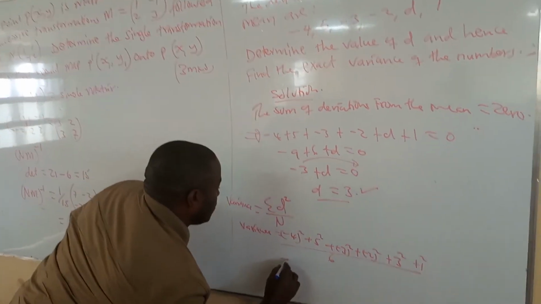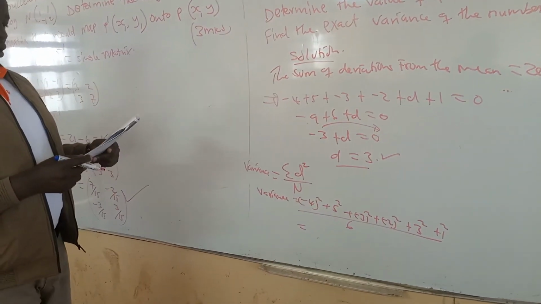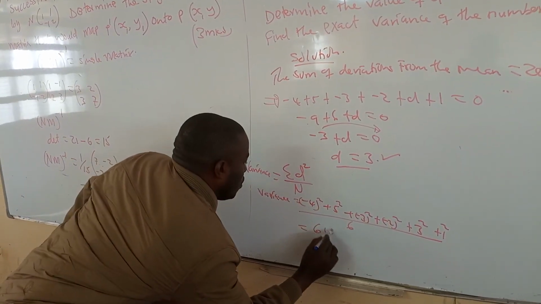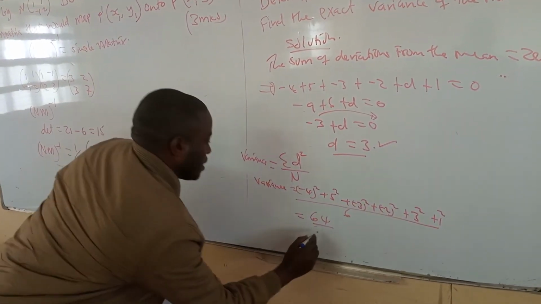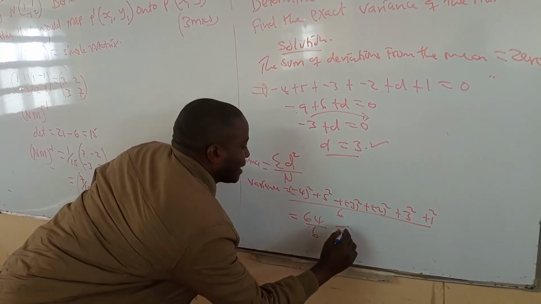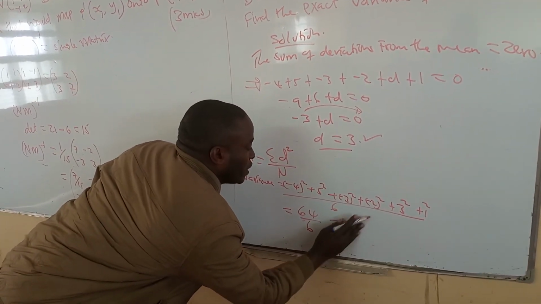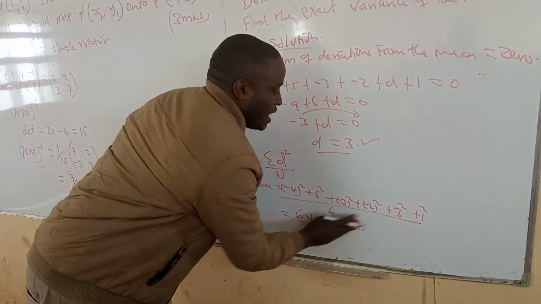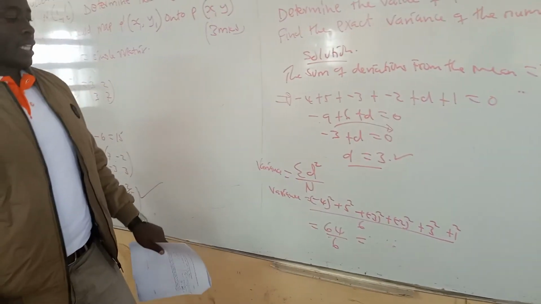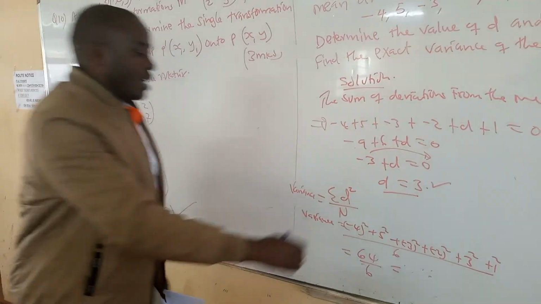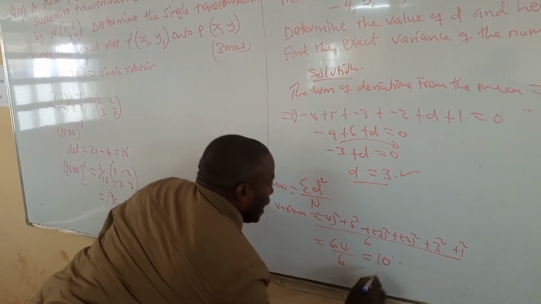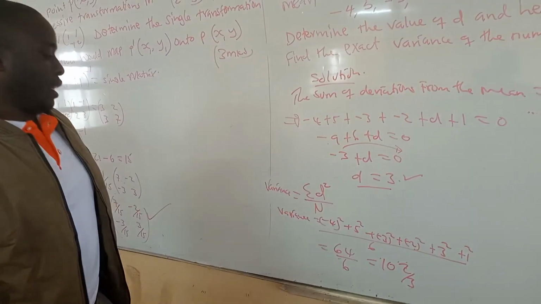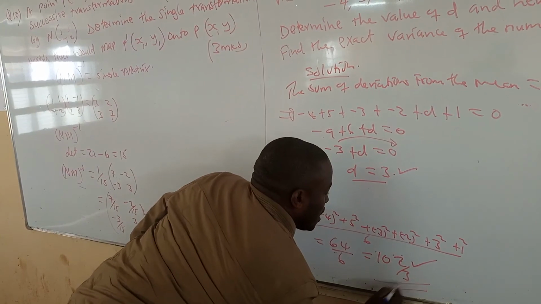If you add all of these, you get 64 over 6, which gives 10.666. If you write 10.67, the answer is wrong, like I said. When you get recurring decimals, you write the answer in fraction form, so the answer becomes 10 and 2/3. That's the variance.